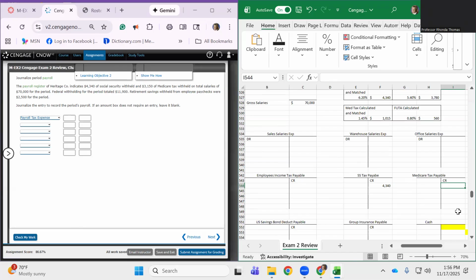The Medicare tax payable is $3,150. The federal withholding, okay, federal income, the federal withholding for the period.